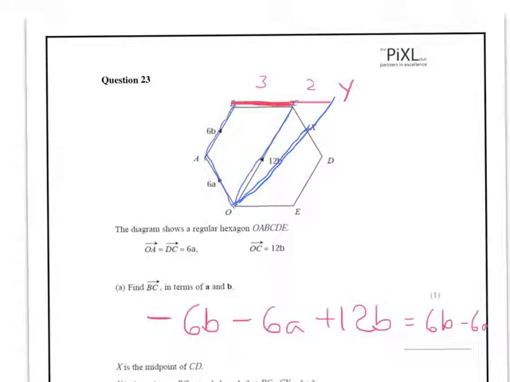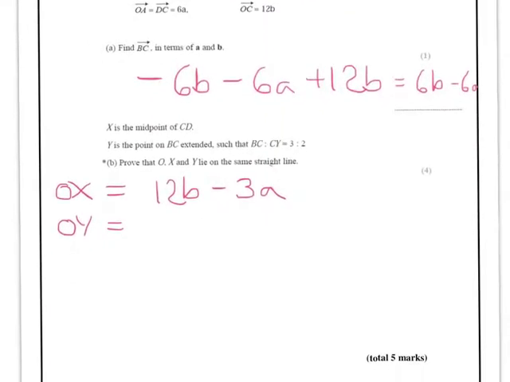To go from O to Y, we're going to go from O to C first of all, but then we are going to add on 2/3 of the BC distance, or 2/3 of BC is 2/3 times 6b take away 6a from question A. So it's going to be 12b to start with, and then we're going to add on 2/3 of 6b take away 6a.